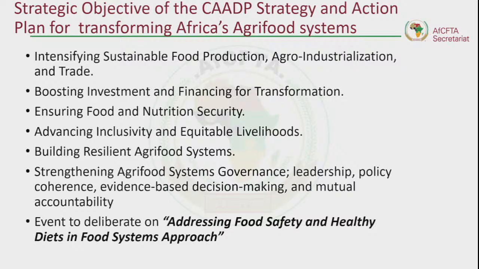So if you were able to listen to the speech by the president of Uganda and President Ruto, they clearly talked about the fact that we cannot talk about AFCFTA without eliminating non-tariff barriers. And they recognize the problems that we have in Africa.